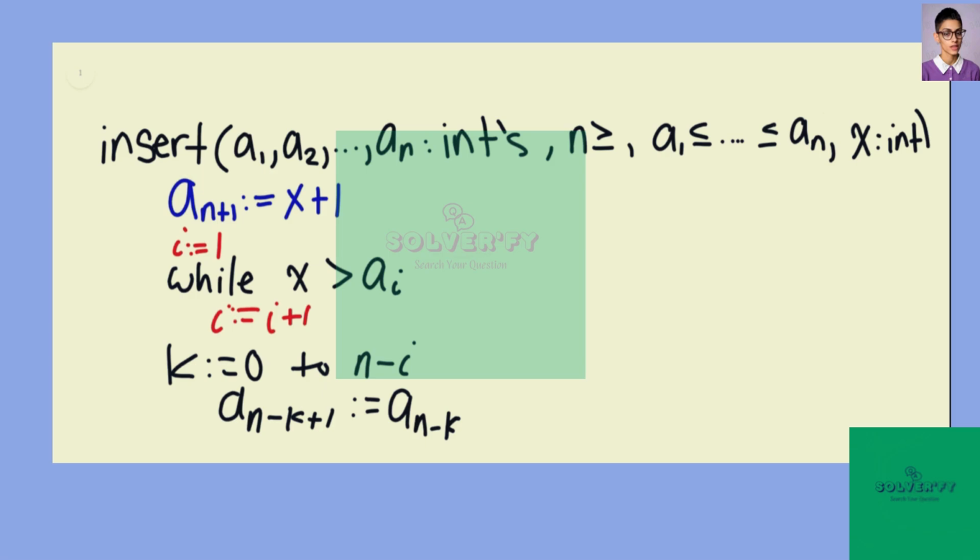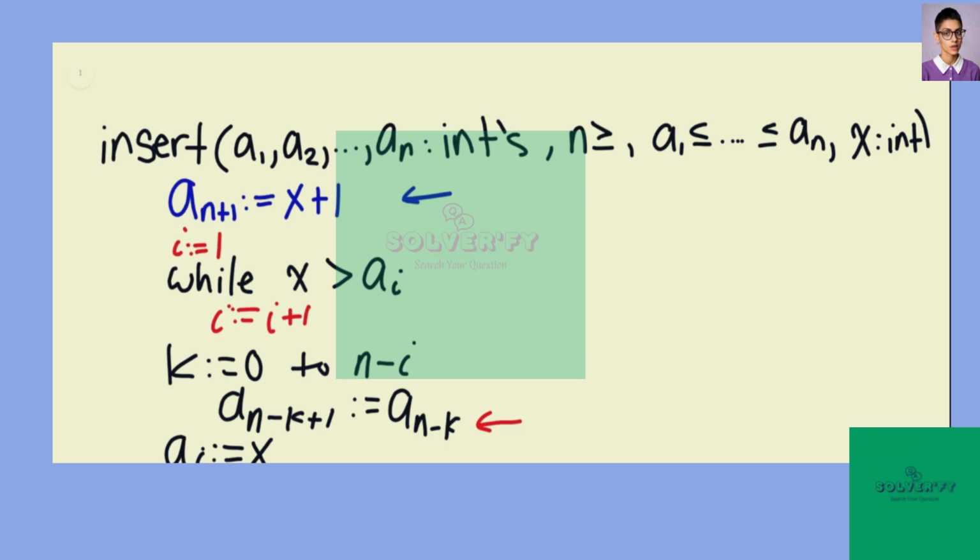Okay, so now we can put x into its position at a_i. All right, and the shifting that occurred here will replace this initial element. So we don't have to worry about having added something that doesn't belong.